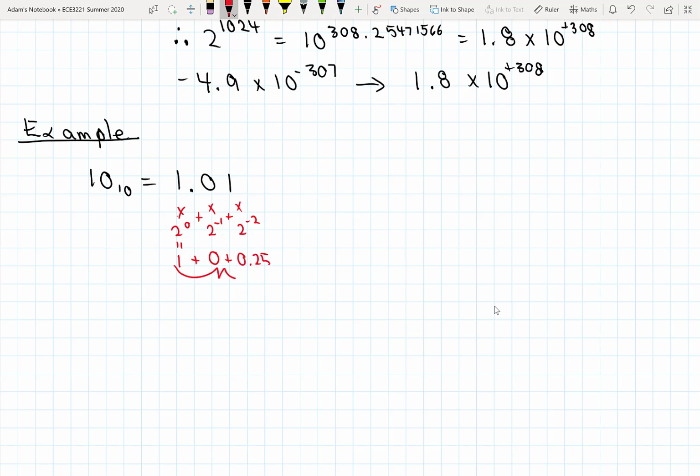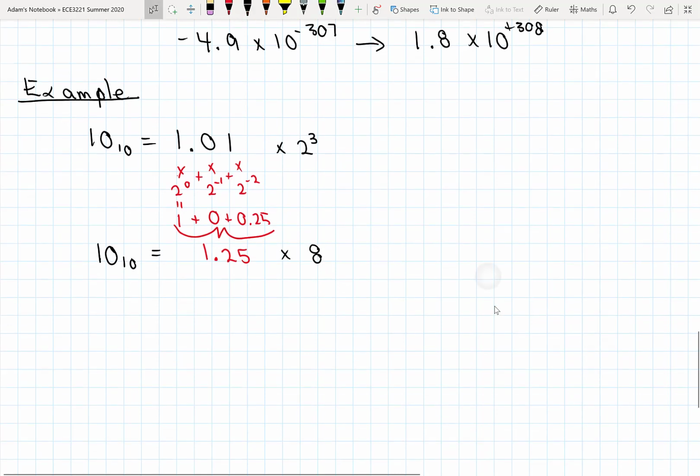So this mantissa has a weight of 1.25. Quite conveniently, that times a base 2 exponent of 3 gives me a value of times 8, since 2 to the power of 3 is 8. So 1.25 times 8 is equal to 10.